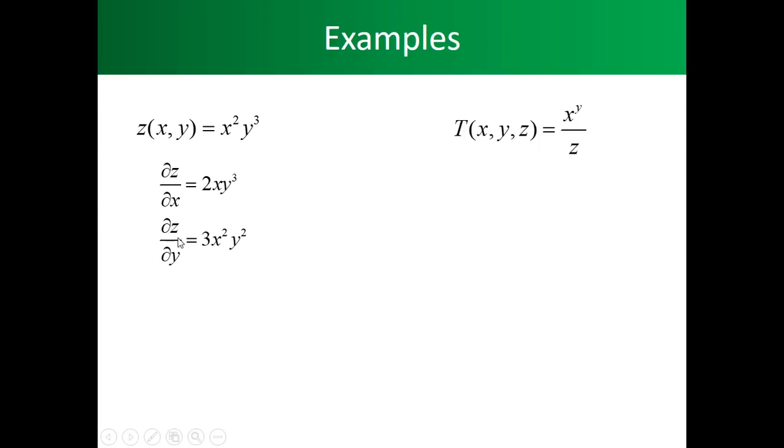When we take the partial with respect to y, we bring down the 3 and we keep the x squared, and we reduce the y by one power, which would be 2. So when we look at the dz, it is the partial of z in respect to x, dx, plus the partial of z in respect to y, dy.